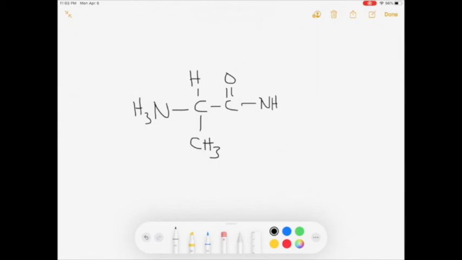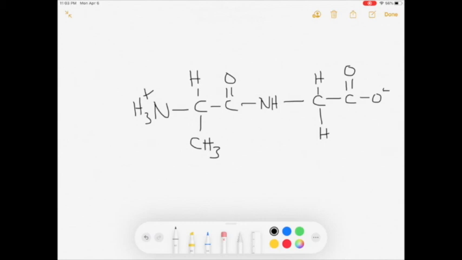So now we're going to draw glycine. So there's our alpha carbon. We have a hydrogen for our side chain in glycine, and then the carboxyl group here. So that would be an example of two amino acids in a dipeptide. But we could also draw it the other way, where we had glycine first. It really depends on which side it's on.